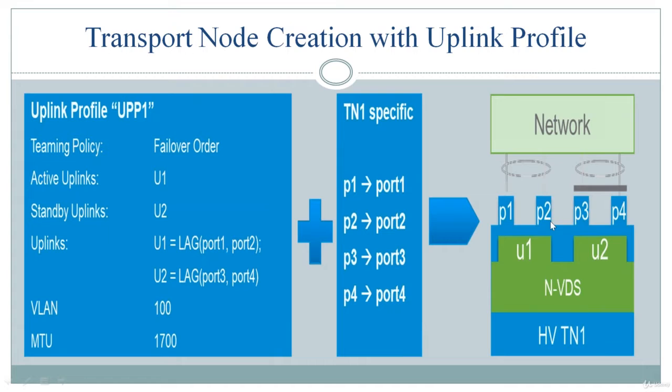We'll see how many physical links we have. For example, if I have only one physical link in my host, then I'll map U1 with P1 and U2 with P3 or P4, etc. So whatever resources we have in terms of uplinks, I will use those.